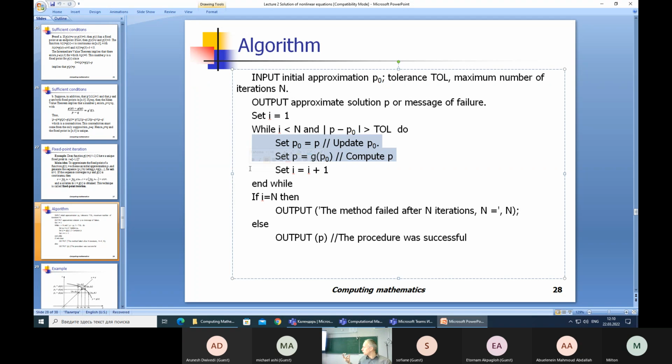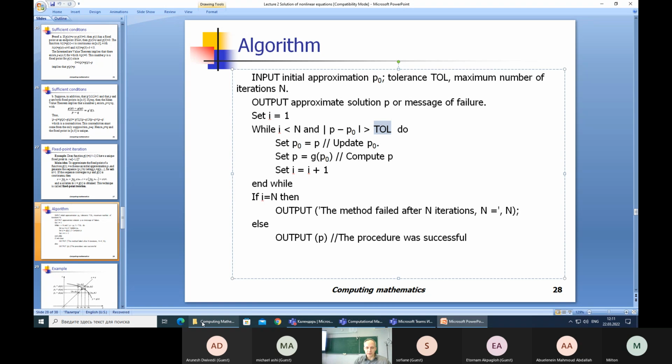But you see that actually we should know only two of them, current and next. The current value is p0, the next value is p. And while the distance between these two points is greater than the predefined tolerance, we repeat this method.